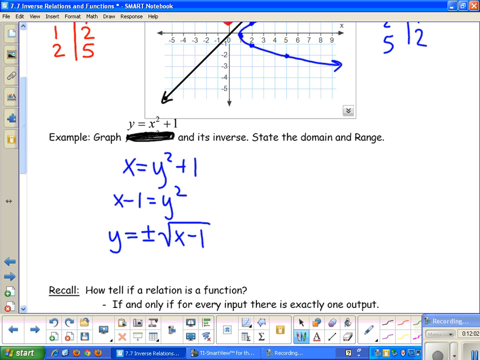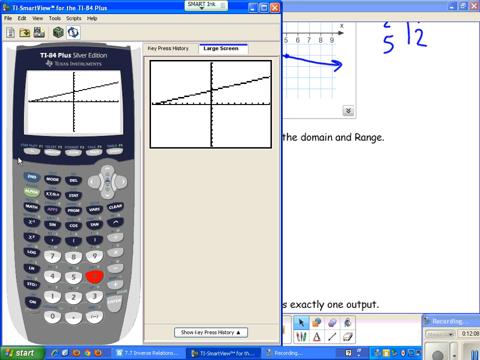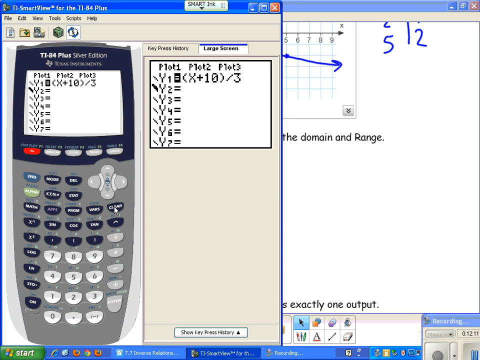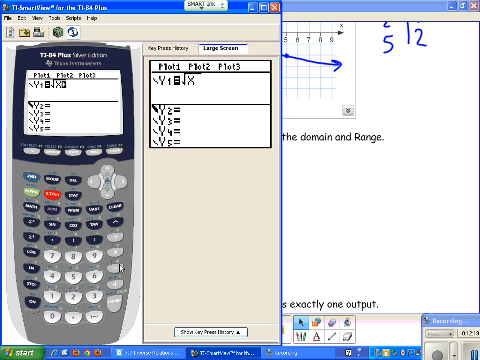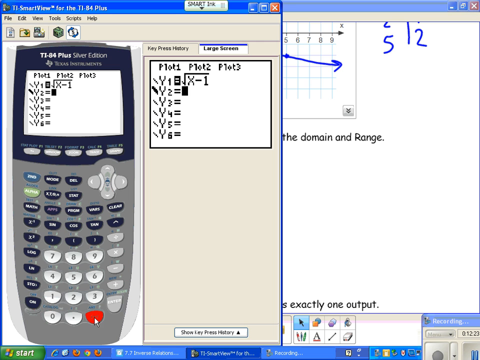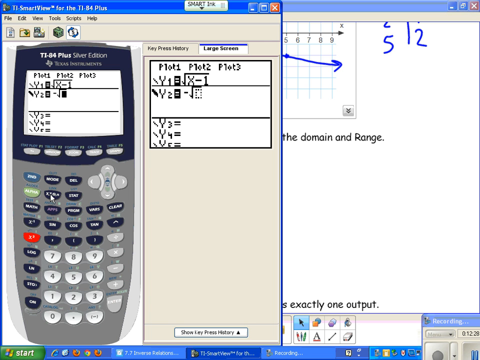Now, if you wanted to graph this in your calculator, you would have to do both the plus and the minus separately because we don't have a plus or minus button in our calculator. So if I wanted to show you this graph, I would have to graph the square root of x minus 1. And then I would also have to graph the negative square root of x minus 1.